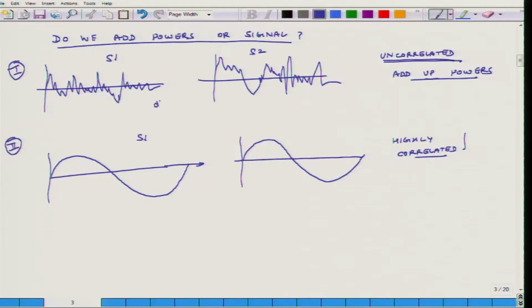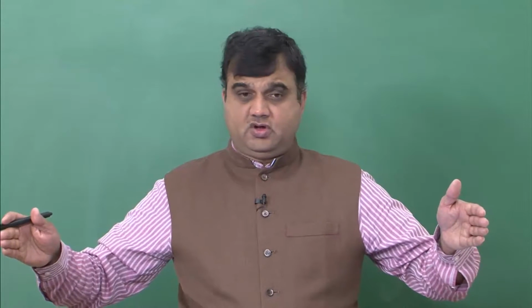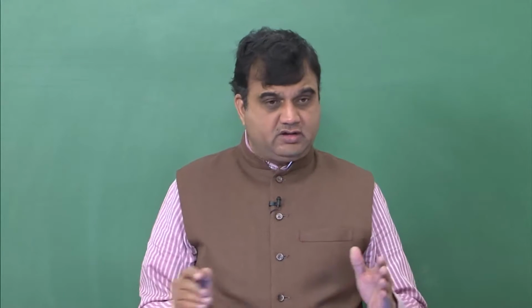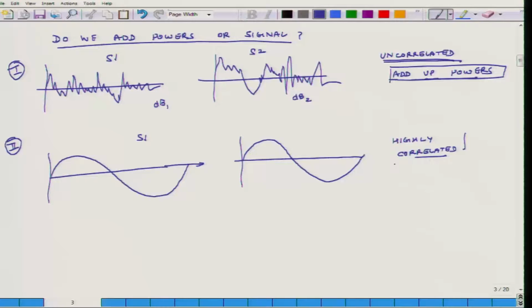So, if this is dB1 and this is dB2, then the total amount of dB can be calculated by adding up powers, and we get the answer, and that answer is correct in a statistical way. It is not correct from one point of time to another point of time, but if you take a long time average of the overall power level, you will get a fairly good estimate of the total sound power level.